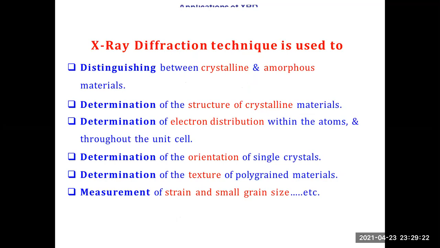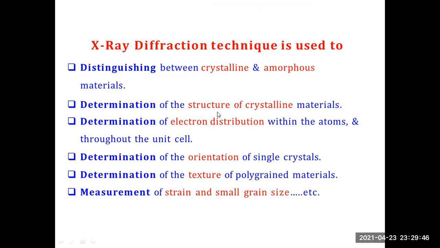This X-ray diffraction technique is used to compare or distinguish between crystalline and amorphous materials. By means of X-ray diffraction, we can know whether the given material, in powdered form, is crystalline or amorphous.